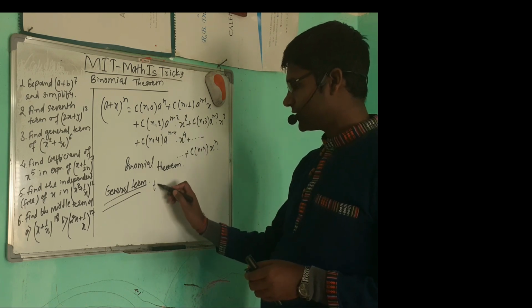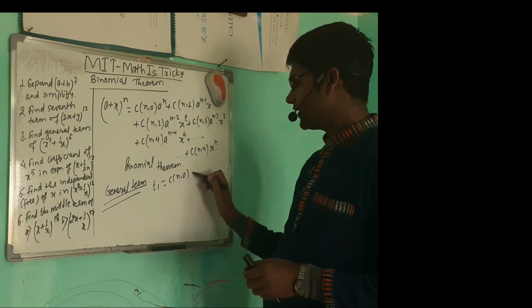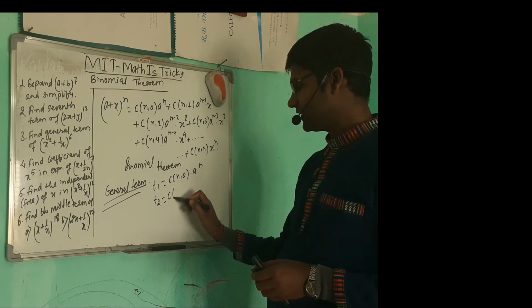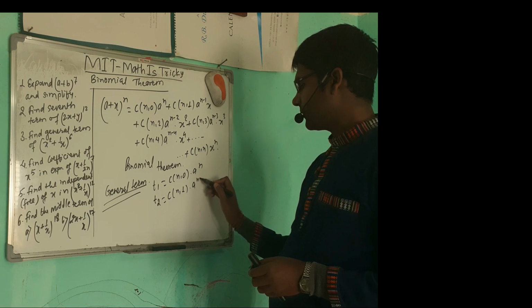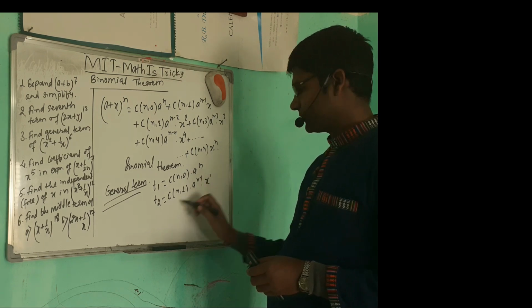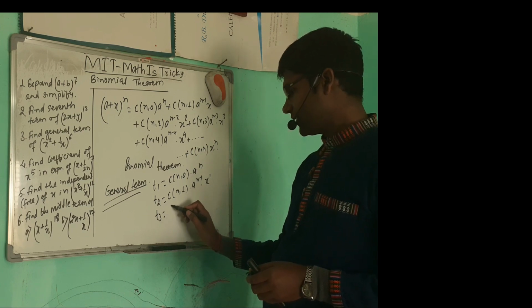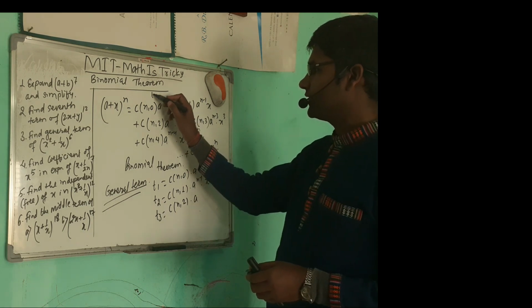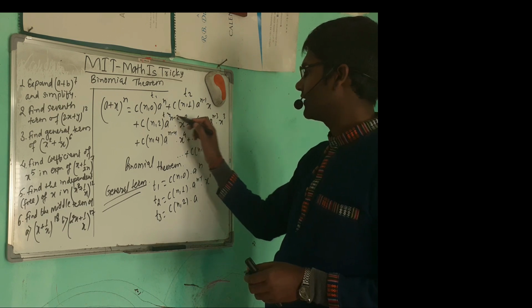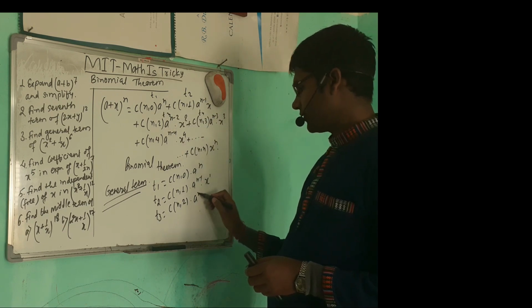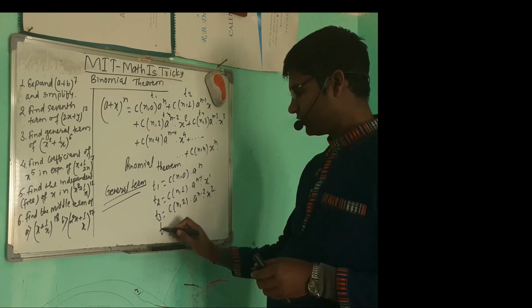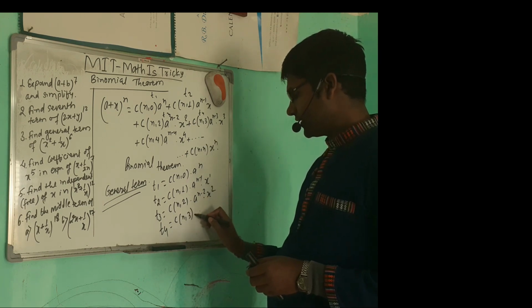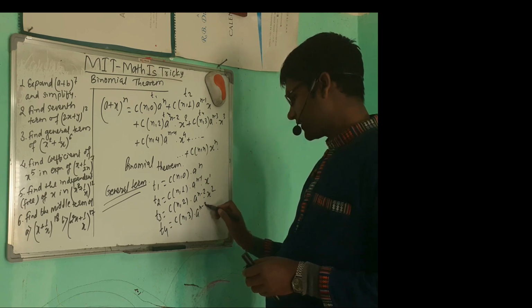The first term t1 is C(n,0) a^n. The second term t2 is simply C(n,1) a^(n-1) x^1. For t3, C(n,2) a^(n-2) x^2. And t4 is C(n,3) a^(n-3) x^3.